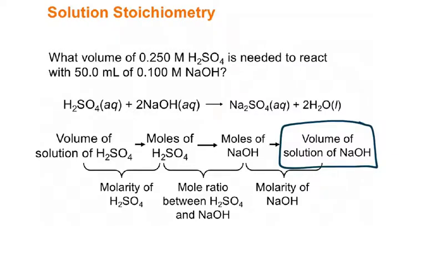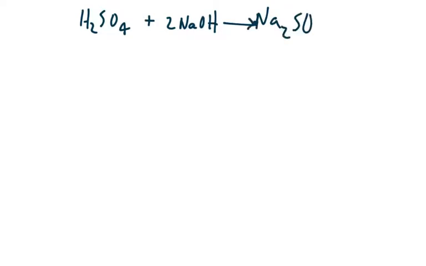I'm going to notice that this is my given, so I'm going to label NaOH as my A, and I'm looking for the volume of B. Let's go to the next page and write the equation. This one was already balanced. That's important because if you don't balance correctly, you get the wrong mole ratio, and we don't want to do that.